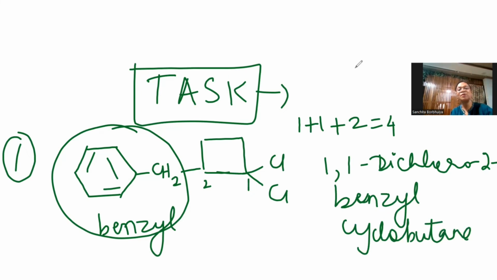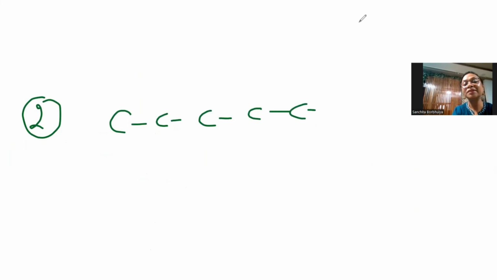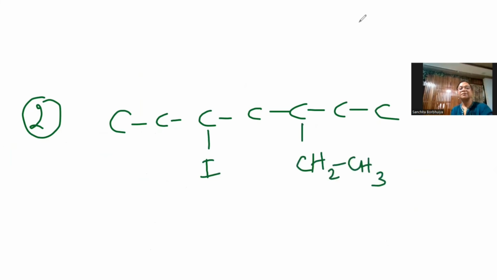All right, so this was the first question that I had given to you all. And the second one was a heptane with an iodo and an ethyl. Now, what is to be done? If we start from right to left, the ethyl gets the number 3.